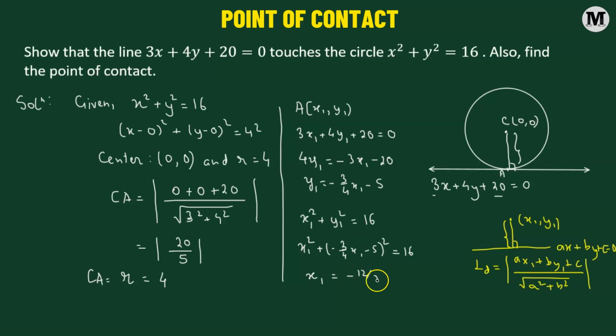I'm leaving this as an exercise for you to try, and we can use the equation for y1 to get the value of y1. So y1 will come out to be negative 16 over 5. So now we have the coordinates of the point of contact. The point of contact will be A with the coordinates negative 12 over 5, negative 16 over 5.